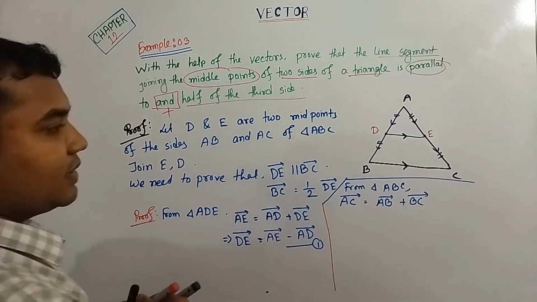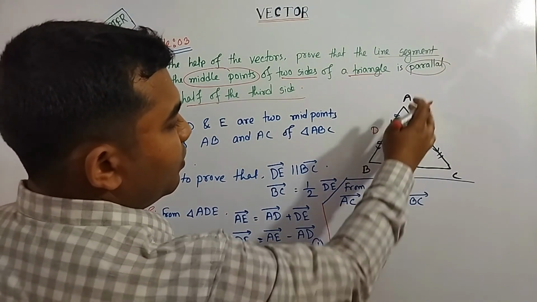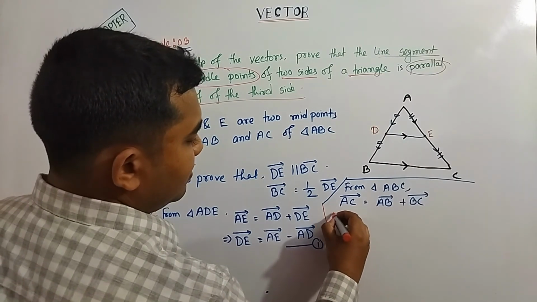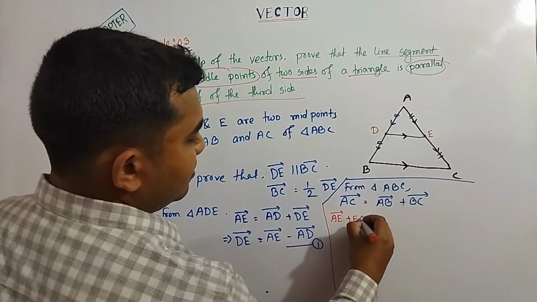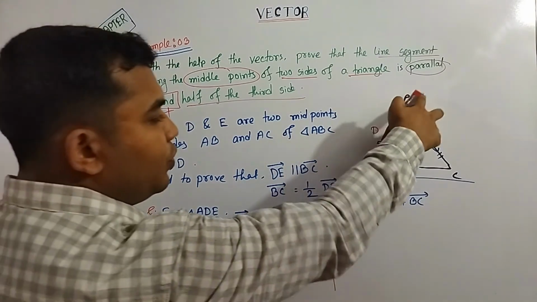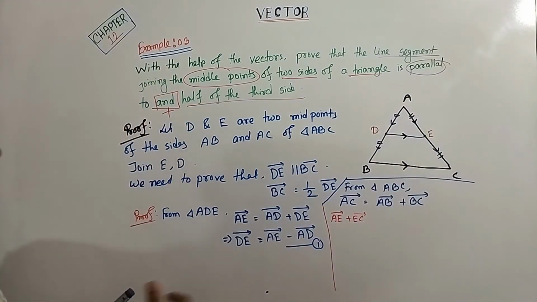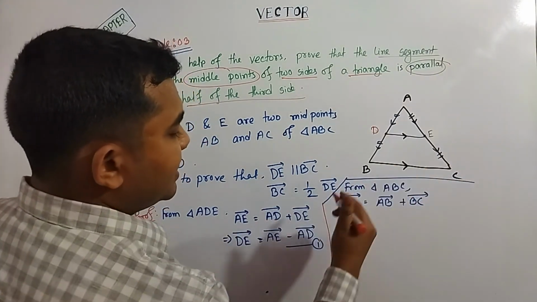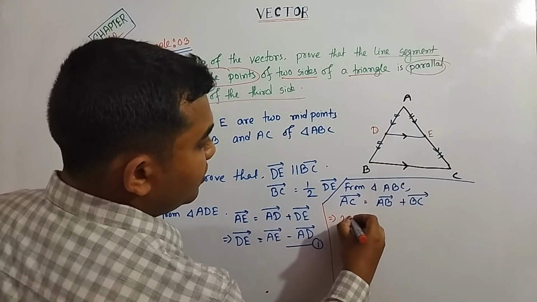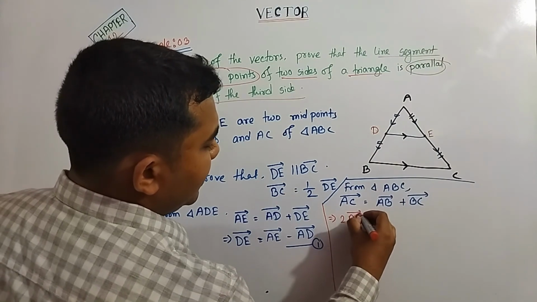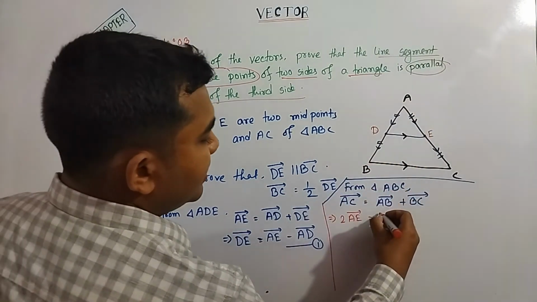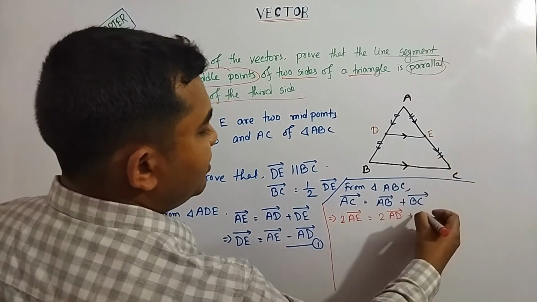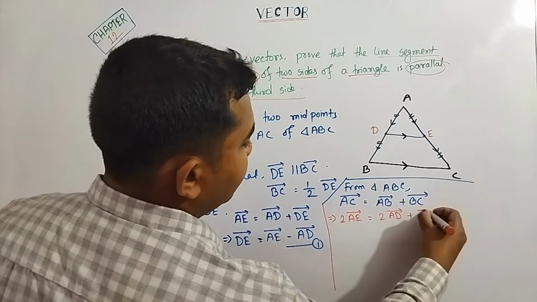So in place of AC, we can write AE plus EC, or we can write 2 into AE, because AE and EC are the same. What about AB? That must be 2 into AD, and BC will remain as usual.